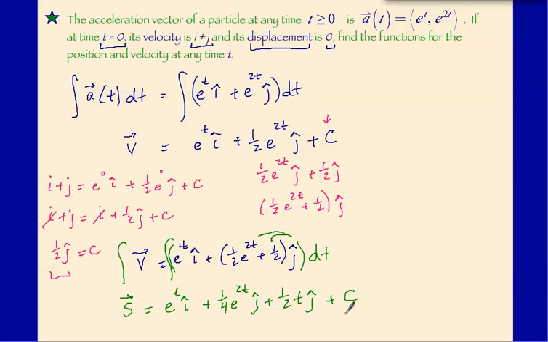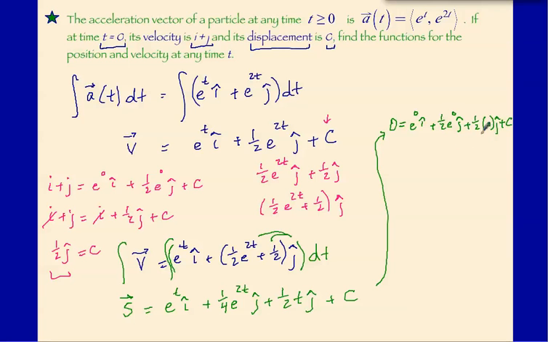Okay, so we have the indefinite integral, but we want a specific integral because we were given that at time t equals 0, displacement is 0. So let's go use that information up here. I feel like I should have some things written down and circled, but maybe I'll finish that way. 0 is equal to e to the 0 i hat plus 1/4 e to the 0 j hat plus 1/2 times just 0 j hat plus c.